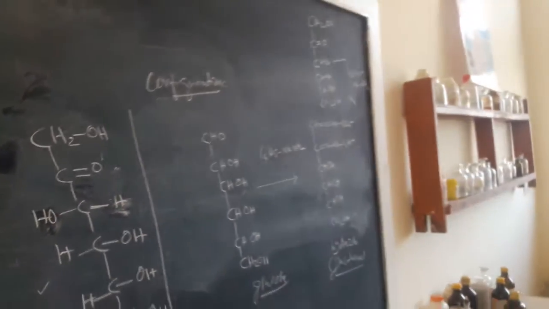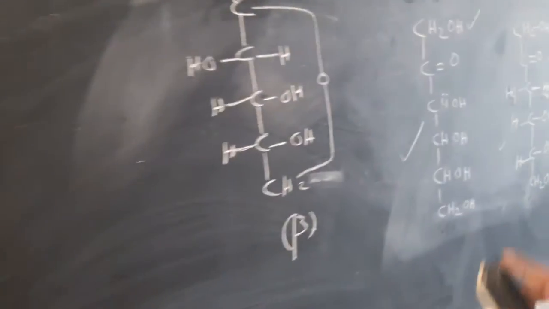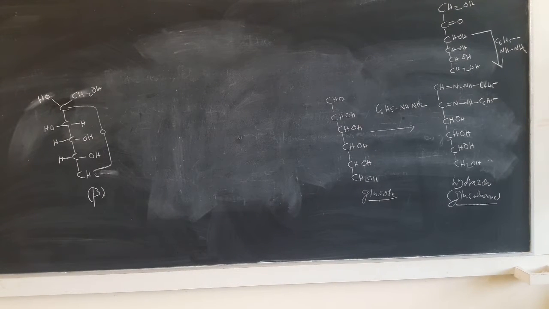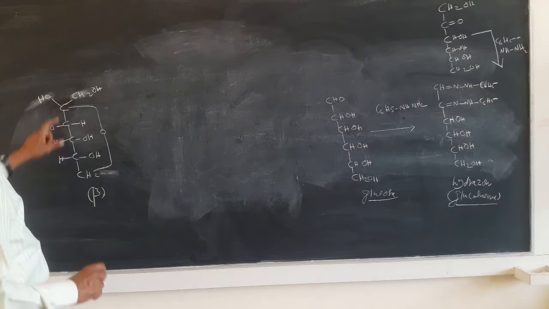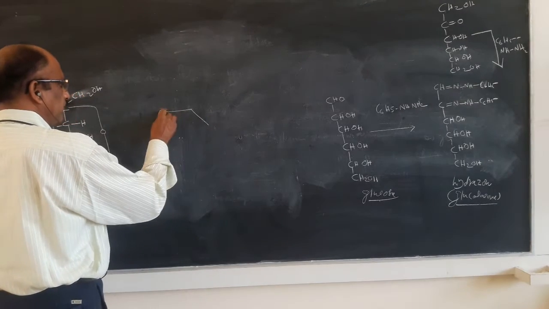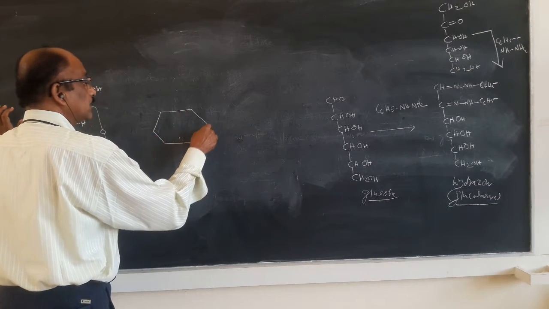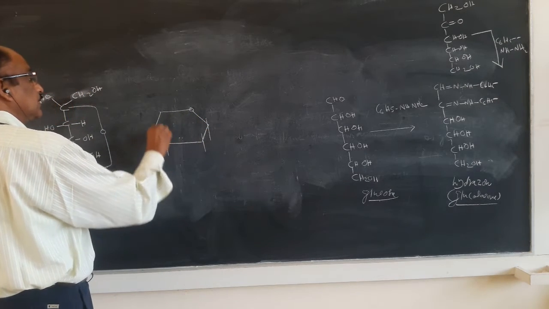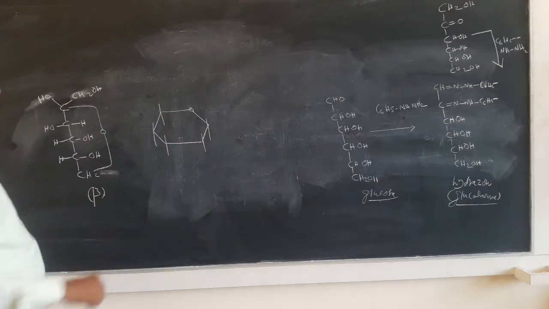Now I can write the Haworth structure of the molecule also, about which you got an idea. Just wait for 1 minute. If you want to see the writing of this Haworth structure, I told you, first you have to write the 6-membered ring system, putting the bonds like this, and then entering the groups as I told you in the previous class.